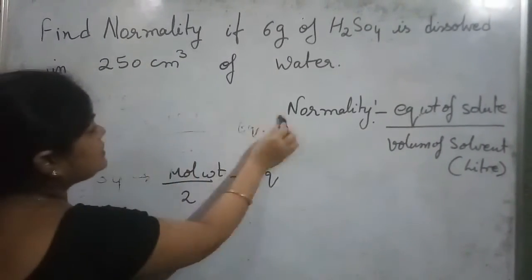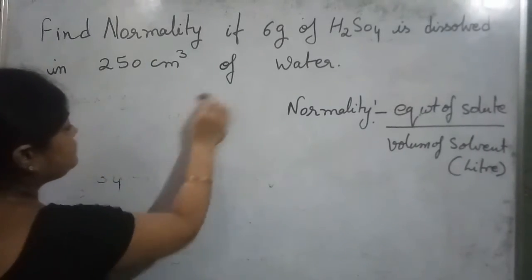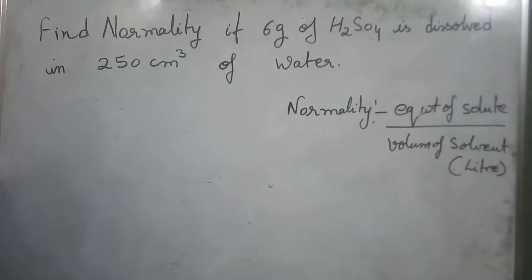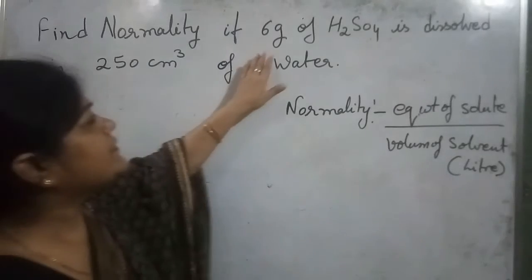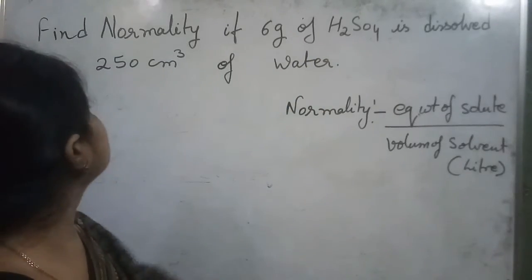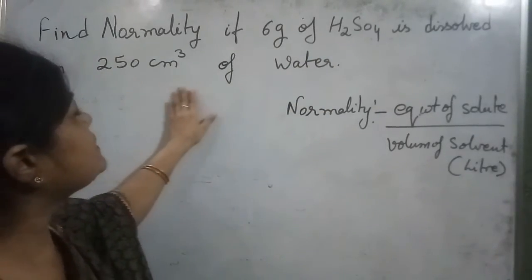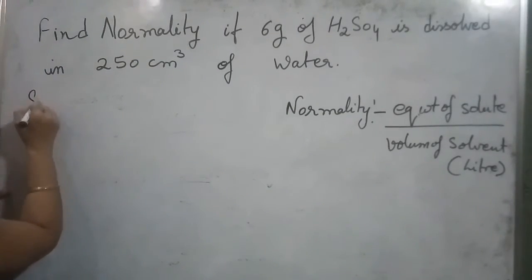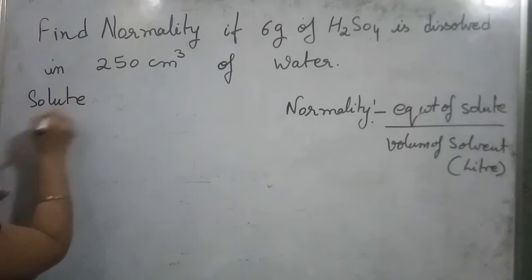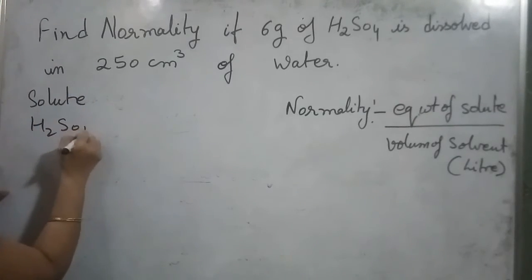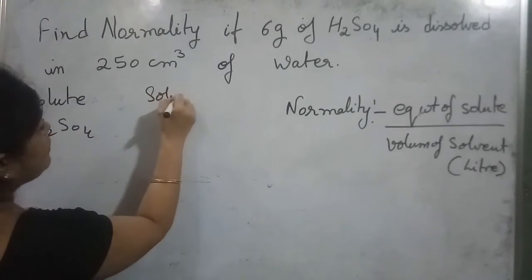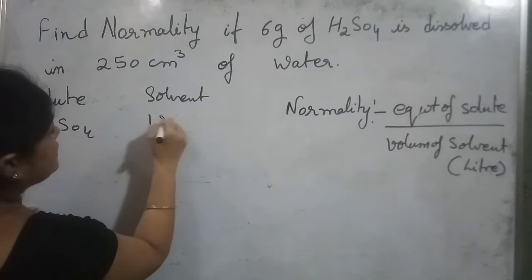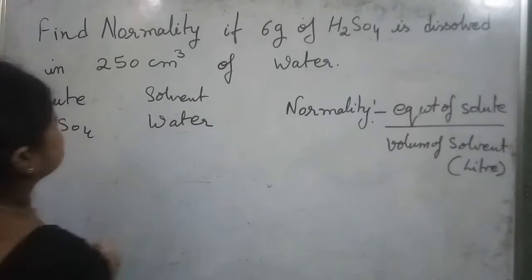Okay. Now just come to the question. Our question says that we have to find the normality if 6 grams of sulfuric acid is dissolved in 250 centimeter cube of water. Here our solute is sulfuric acid and our solvent is water.